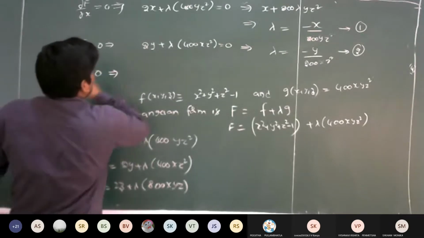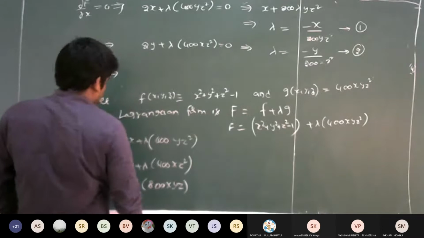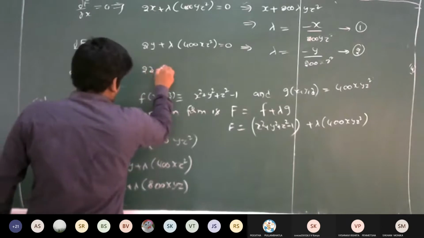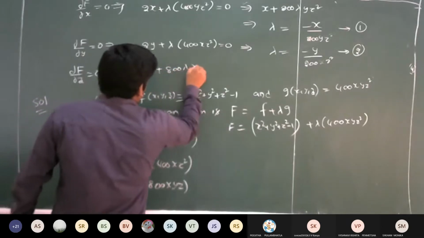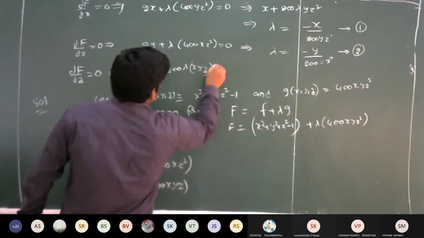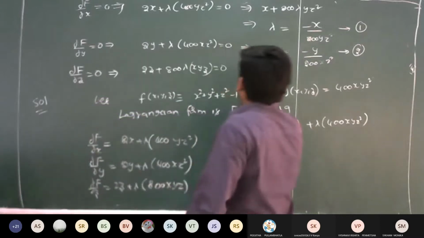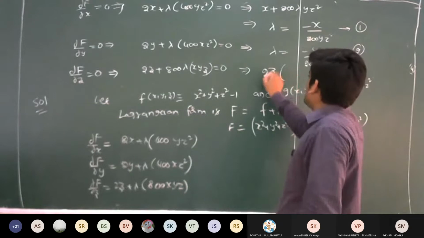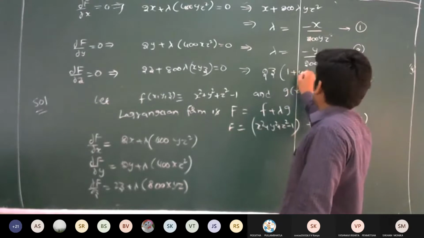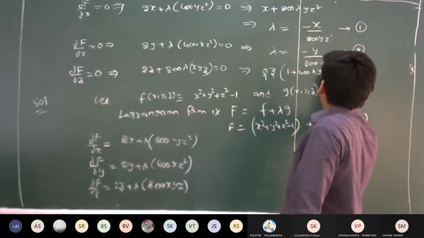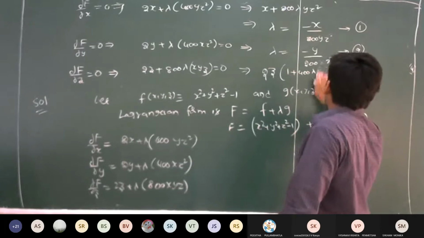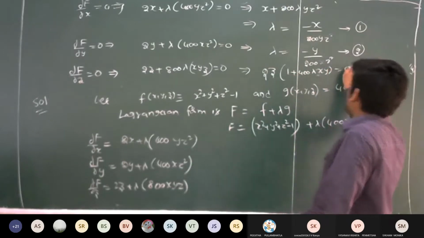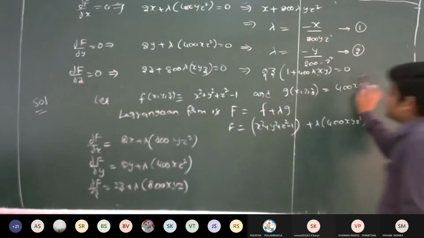So what is the value of this one? This is 2z plus 800 lambda x y z is equal to 0, which implies 2z into 1 plus 400 lambda x y is equal to 0.